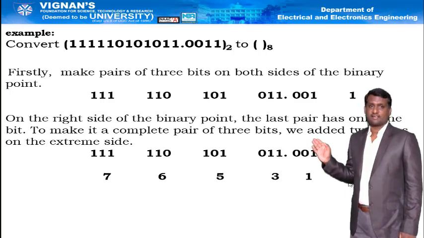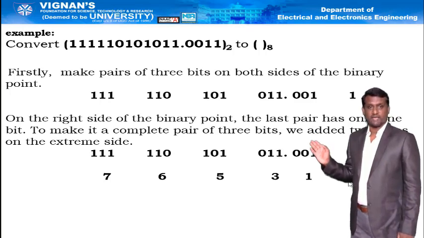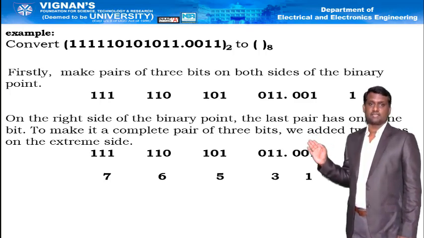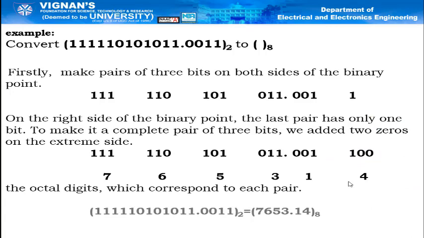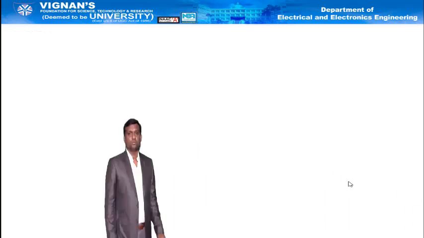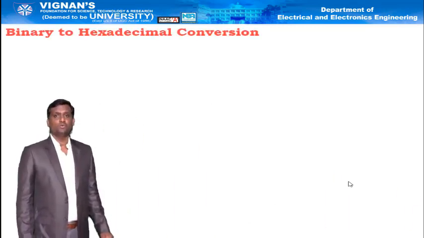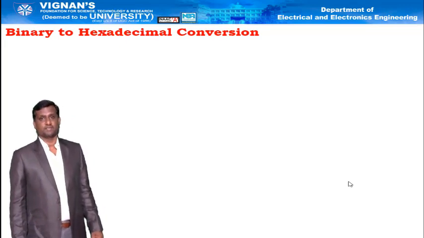Similarly for the fractional part, 001, equivalent number is 1. 100, equivalent number is 4. So the equivalent octal number for the given binary number is 7653.14.